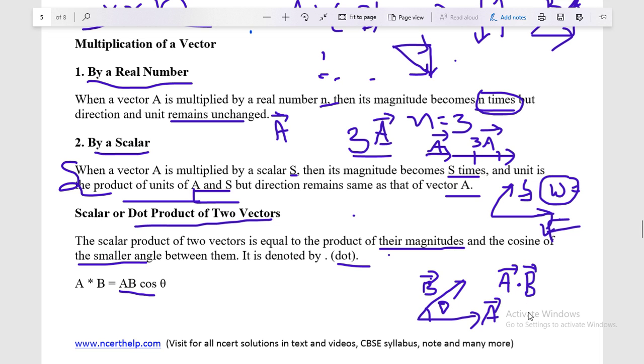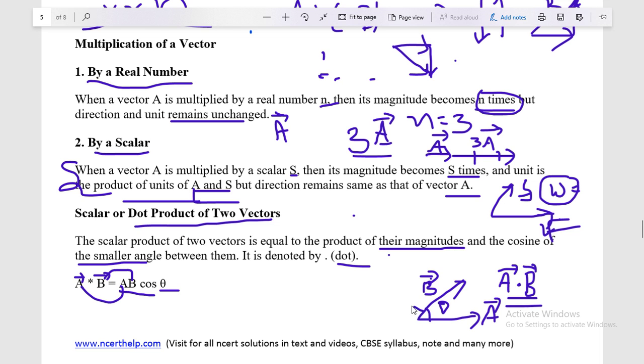Okay. So the value of this scalar product is found to be A dot B is equal to A, the magnitude of vector A, then B, the magnitude of vector B, and the cosine of theta. This theta is the smaller angle.